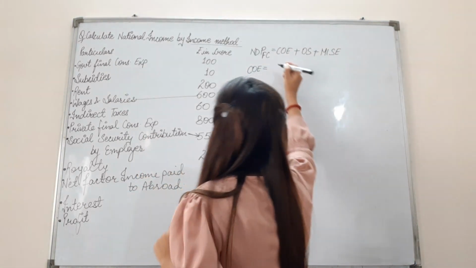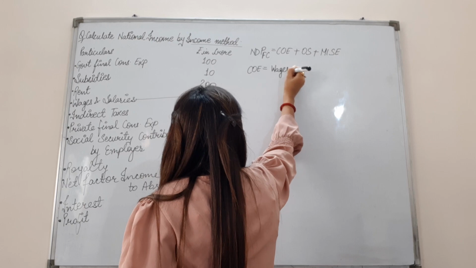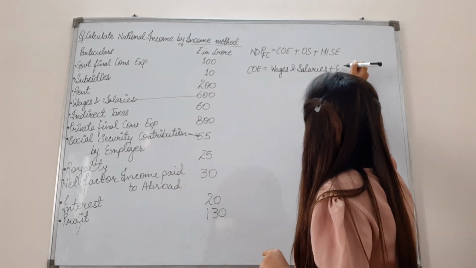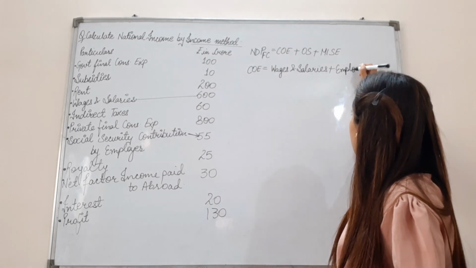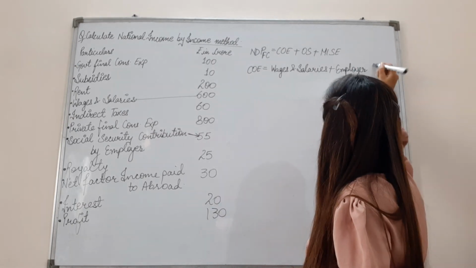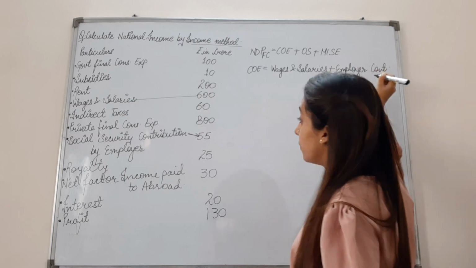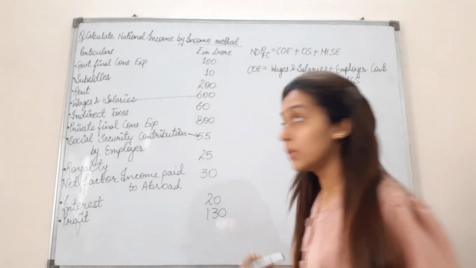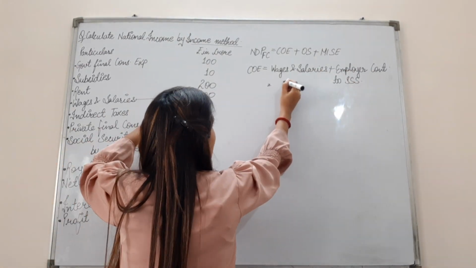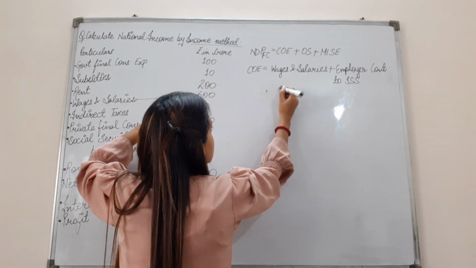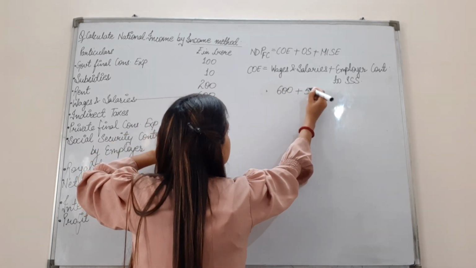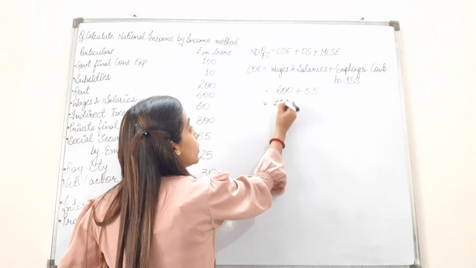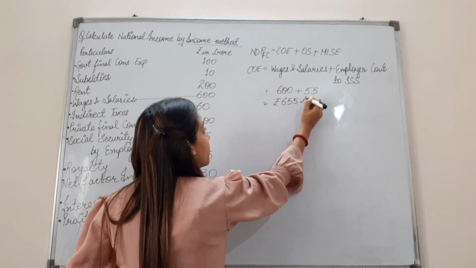So COE is equal to wages and salaries plus employer contribution to Social Security Scheme. Wages and salaries are given as 600 and here it is 55, and rupees are in crore. It will be rupees 655 crore.